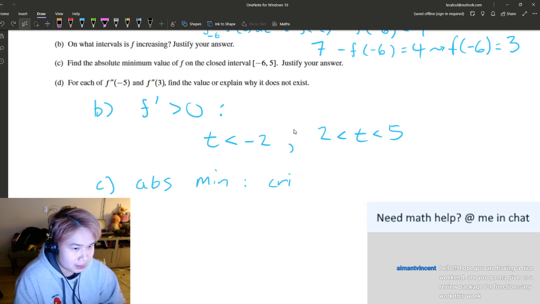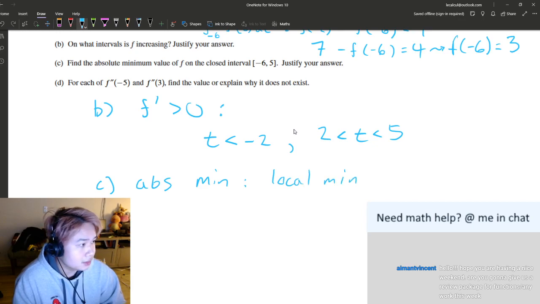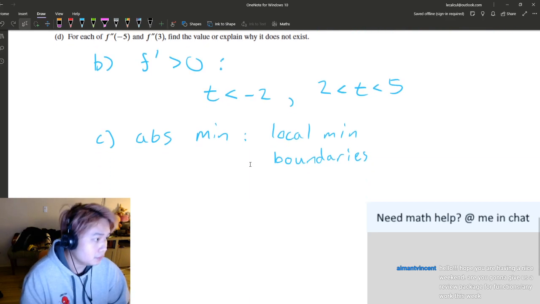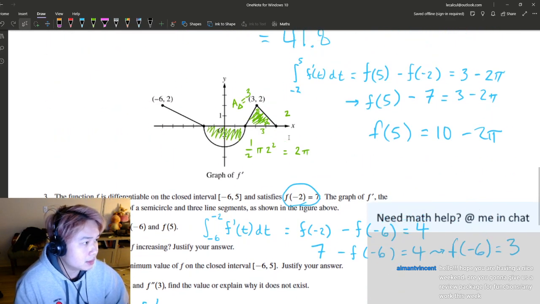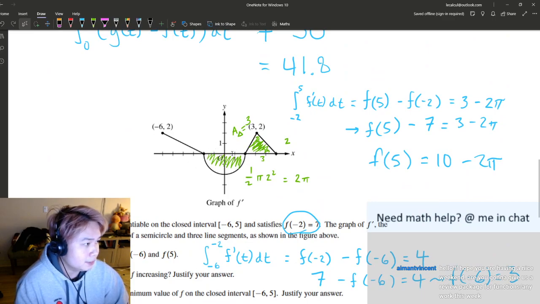Well, actually, let's just do local mins. So we need to check the local mins and then the boundary. So our local minimums are where our derivative is 0. So it's 0 here and here, and also here, but this is a boundary point.